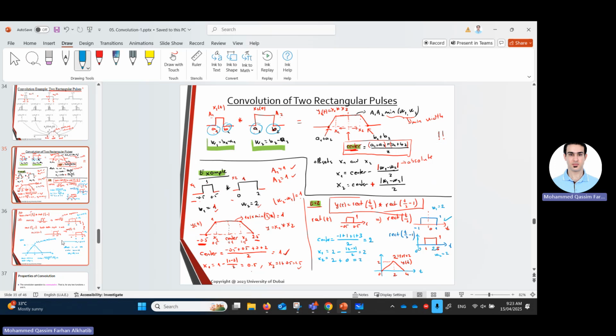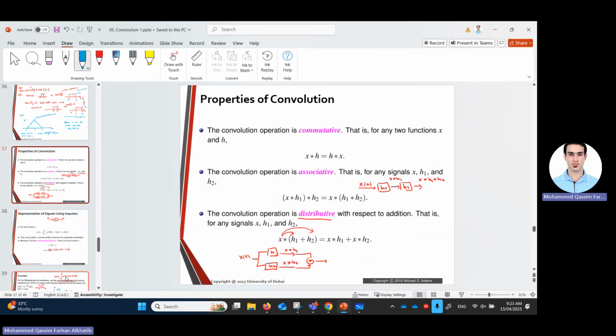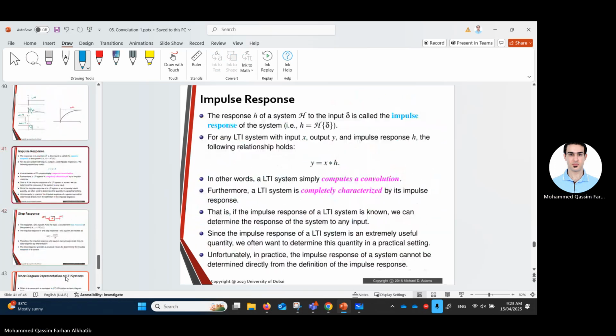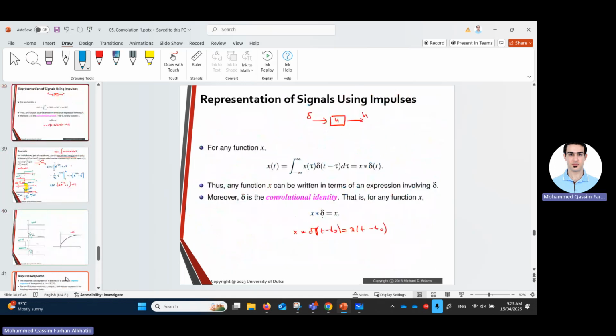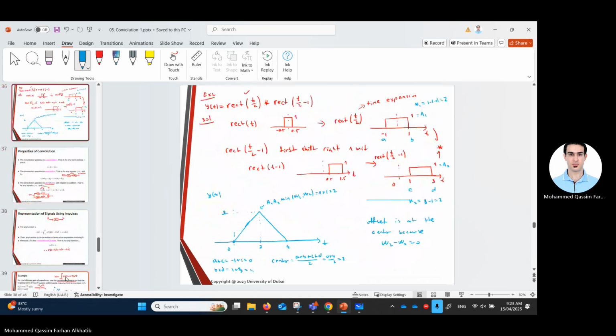I think that question is also put here. The question was solved somewhere else. There we go, that's the one. Still 0 to 4. So where did we go wrong? Any idea? Where did we go wrong?